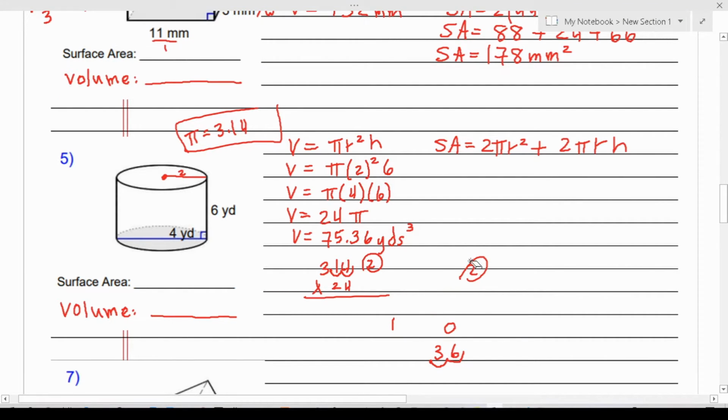All right, so now it's just a matter of plugging things in. Surface area equals 2 pi r squared. In this case it's 2 squared, so this is going to be 2 pi times 2 squared plus 2 pi. r is 2, so that's 2 times height, which is 6.